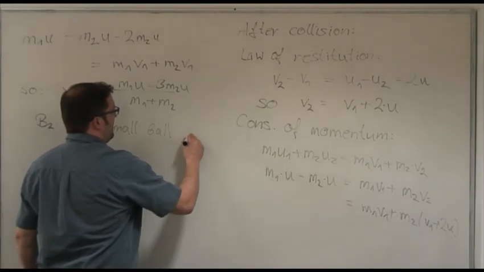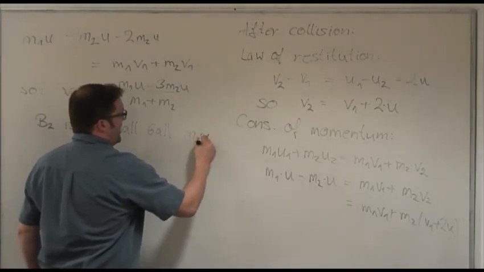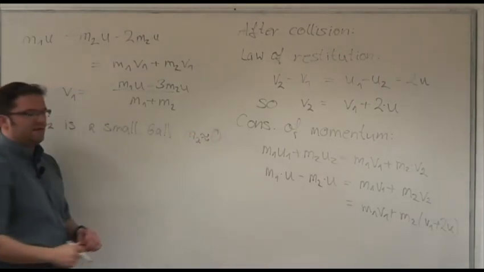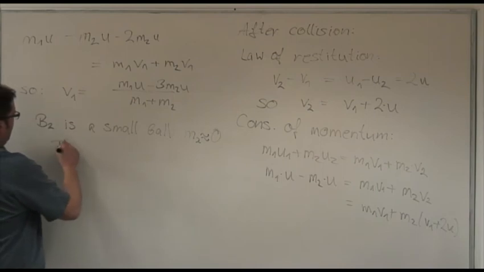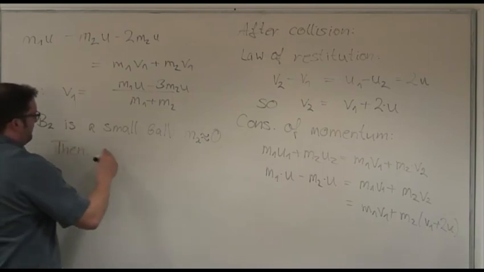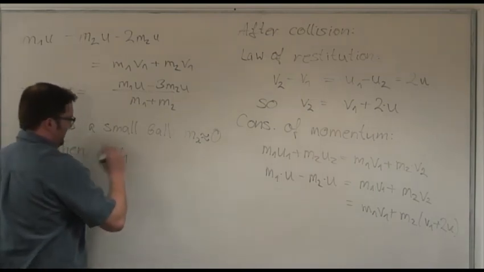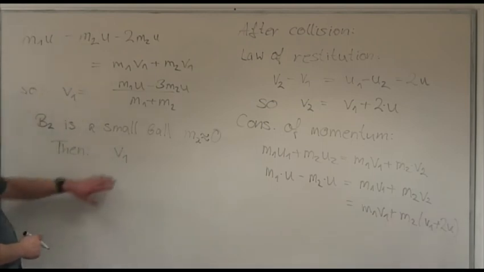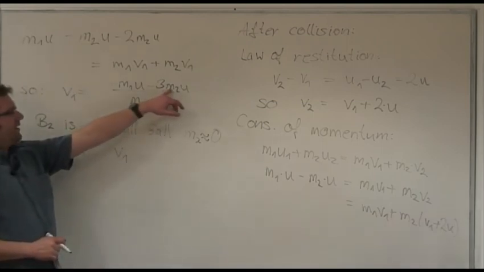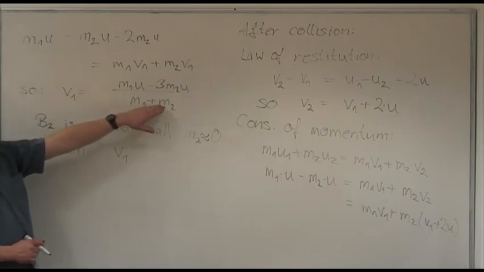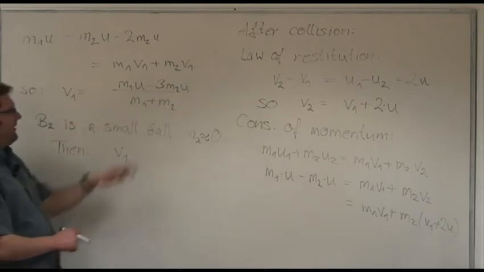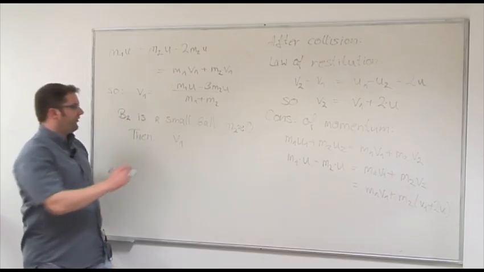So let us consider the case where m2 is approximately zero. We have got a very light, small ball. What happens to v1 then? Remember, v1 is the speed of the lower ball after the collision. So then this term is almost zero, right, because m2 is very small. And m1 plus m2, well, that's approximately m1, because m2 again is almost zero.